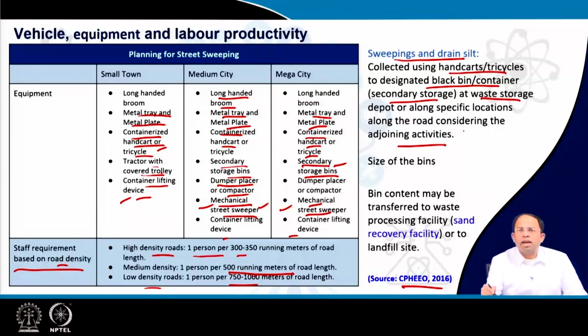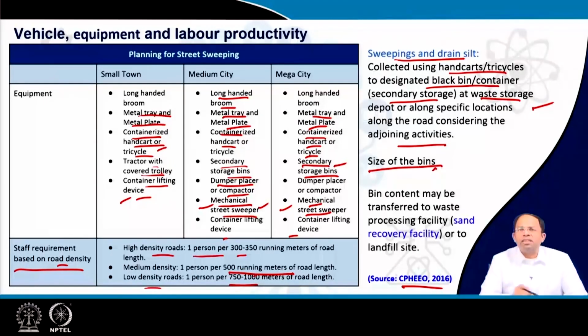Maybe it's not possible to have secondary storage at every 50-meter or 100-meter stretch of road. So we have to move the waste to a point where there is adequate space in the road to set up secondary storage containers or bins.